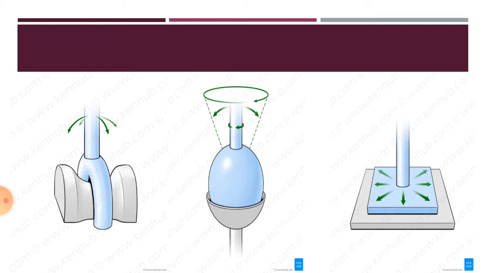This is the saddle shape joint on the left side, and the saddle joint is very important for the opposition of your thumb. This is a biaxial joint which shows abduction, adduction, flexion, and extension.